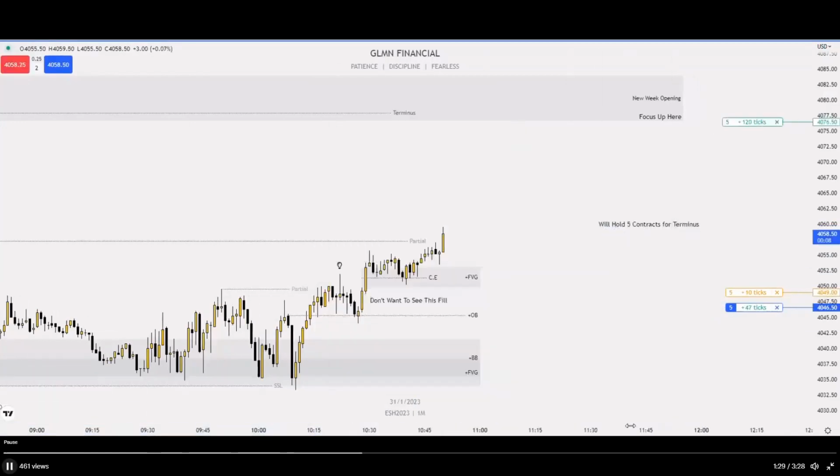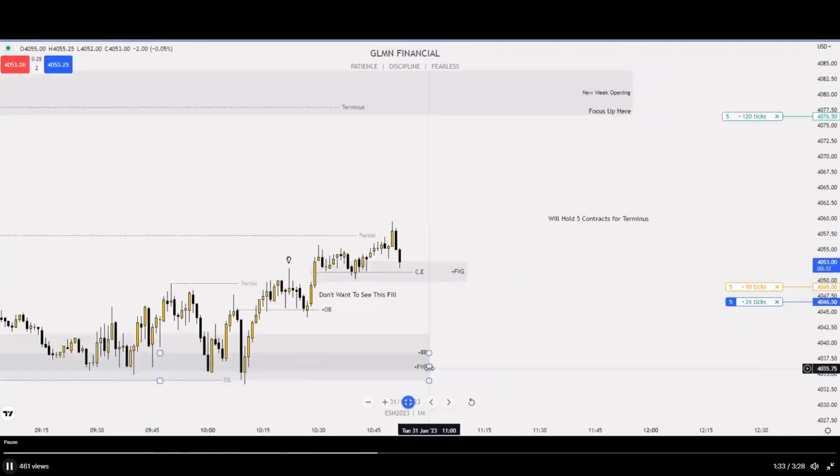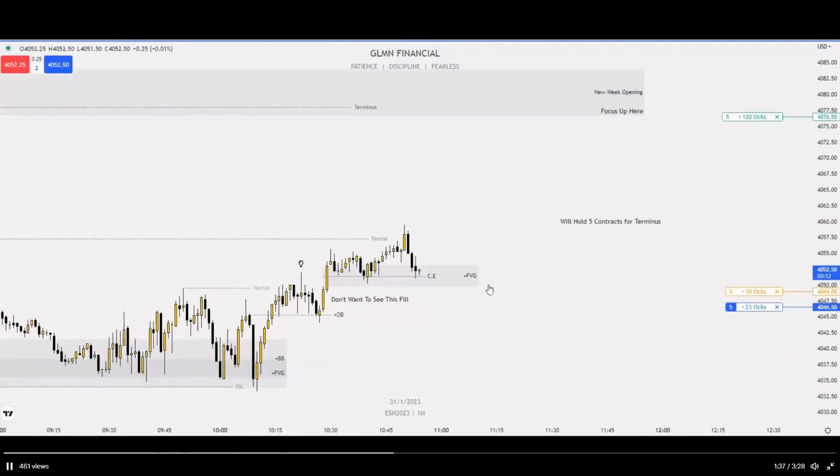So now I took my partials. I'll hold 5 for terminus, but you'll see me move my stop loss up a little bit more, and I'll show you when and why. It's still below the free value gap.